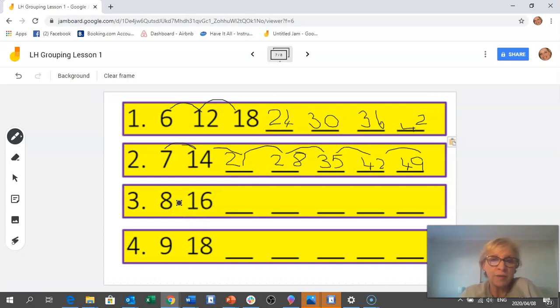Counting in 8s now. 8 plus 8, 16. Get it before me. 16 plus 8 is 24. What's 24 plus 8? 32. 32 plus 8.